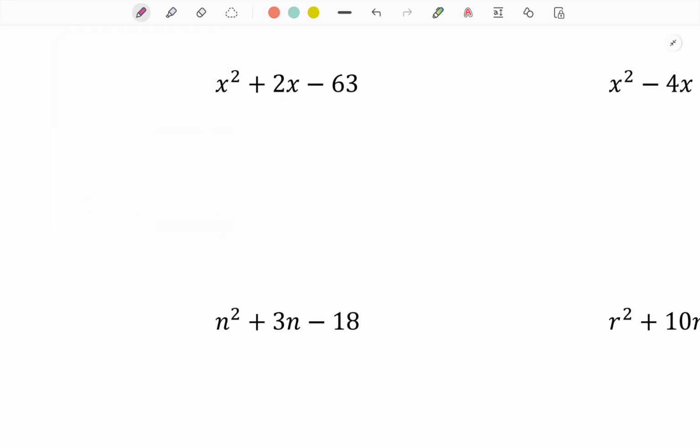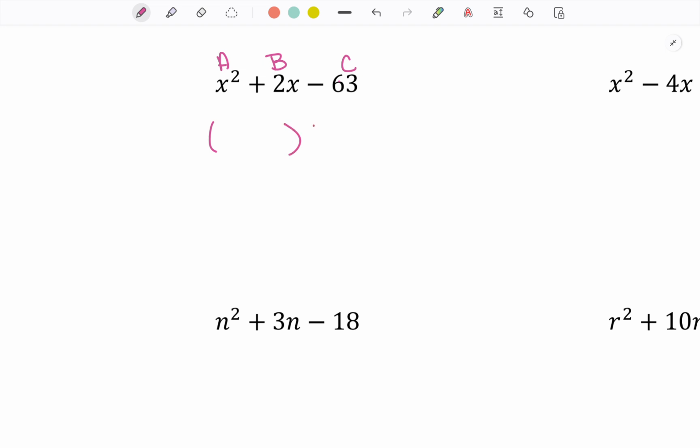So then on our next problem, we have a negative c and a positive b. And so since c is negative and b is positive, our signs are not going to match, but our larger factor is going to be positive.